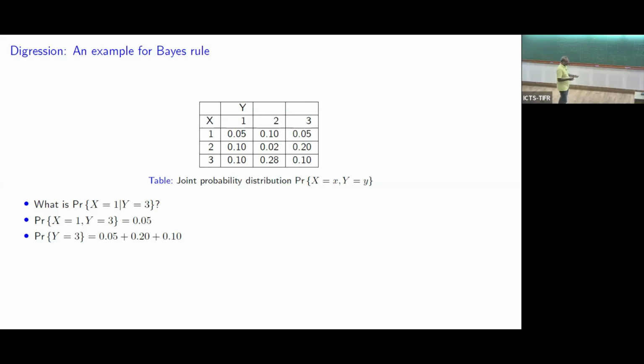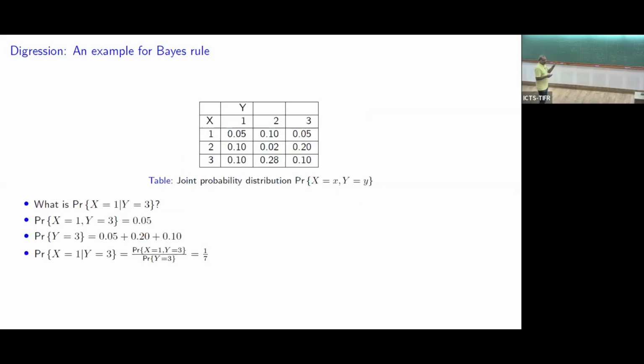They are all mutually disjoint. So you can use the total probability rule and get that the probability of y is the sum of these three quantities: 0.05 plus 0.2 plus 0.1. So the probability of x equal to 1 given y equal to 3 is just this ratio, which is 1 by 7.